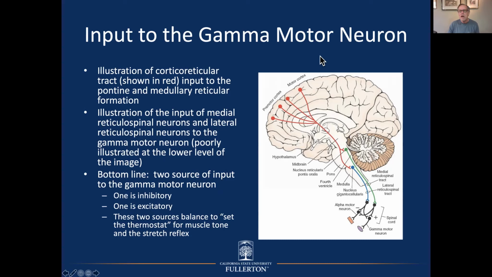It's not in your text, otherwise I would have put a figure number. And one is inhibitory, one is excitatory. And these two sources balance to set the thermostat for muscle tone. In other words, you get variable activity here and here coming down to ultimately turn this whole system up a little bit, generating more muscle tone and more active stretch reflexes, or to tone it down a little bit.